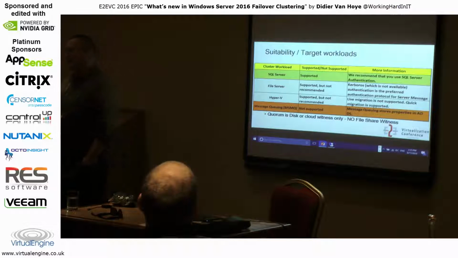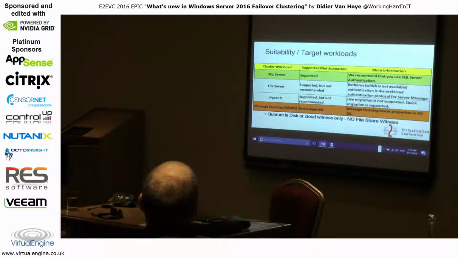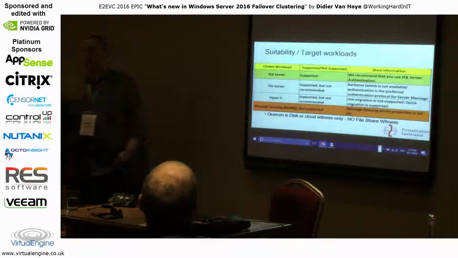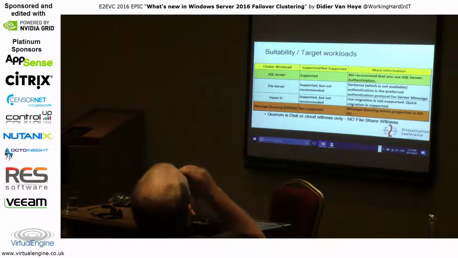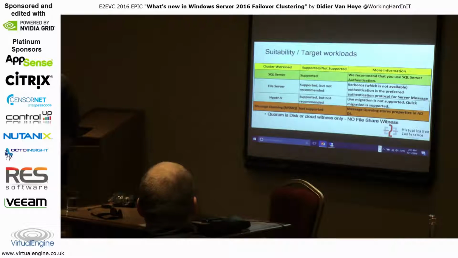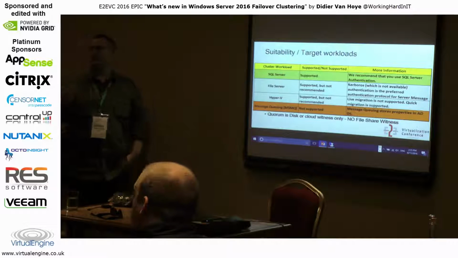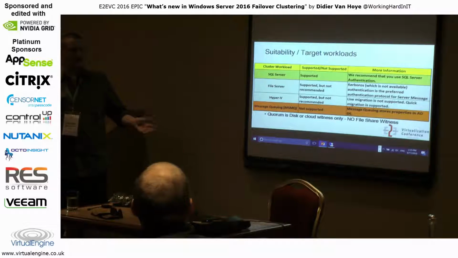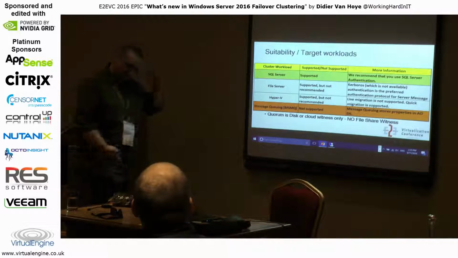In the era of the cloud, we are of course telling you not to do so, because then you might have issues. Can you use it for a file server or Hyper-V? Sure, but everything that is dependent on Kerberos is gone. So it's not the best experience or the most secure experience, so you might not want to do that. And then some workloads like message queuing, which needs Active Directory to store properties, won't work at all.